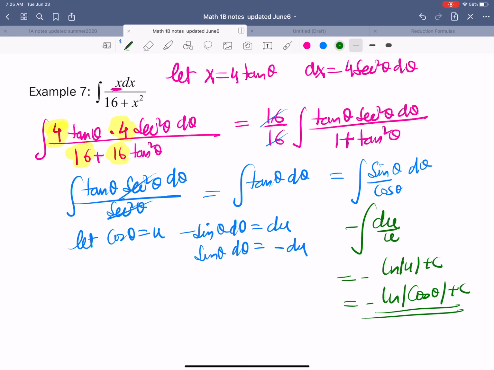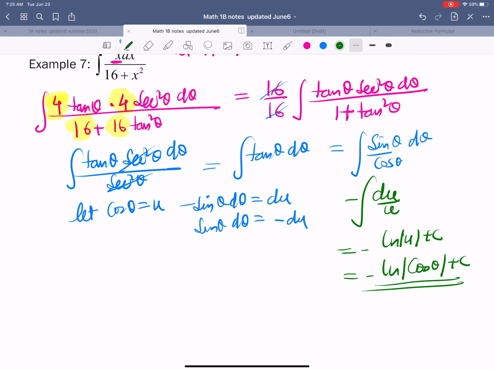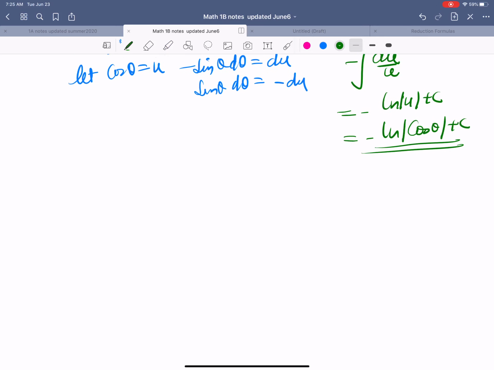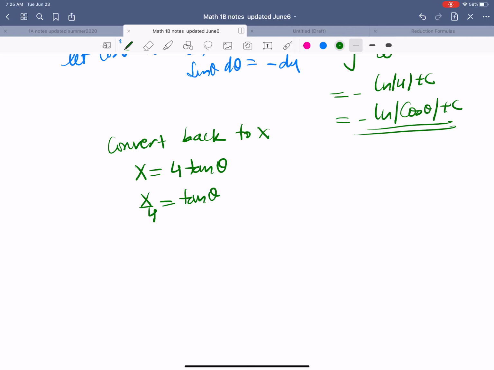Now we cannot leave it in terms of theta, we have to convert back to x. We did say x is 4 tangent theta, so we can say x over 4 is tangent theta.